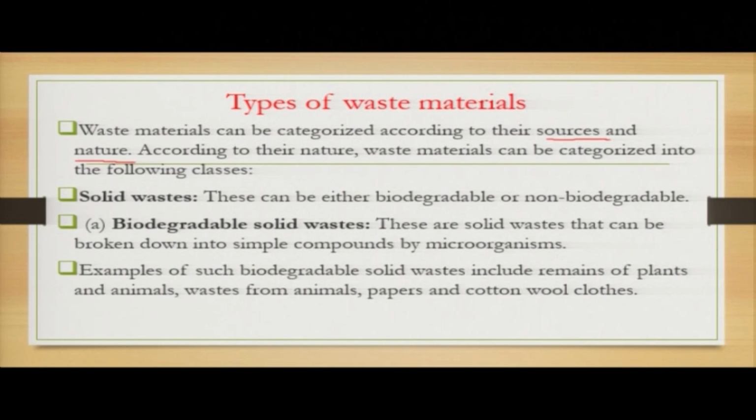All these are in solid form, but they are biodegradable. They can be decomposed by the bacteria. You throw them to the environment, after some time, you'll not find them in the environment, because bacteria can act on them and convert them into another form, like soil or manure, and so on.